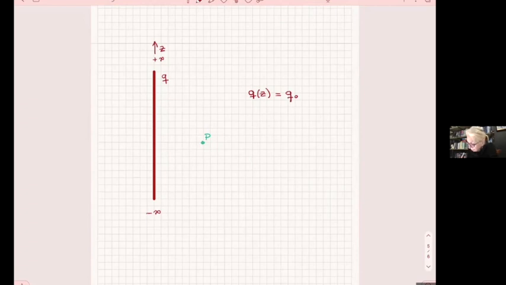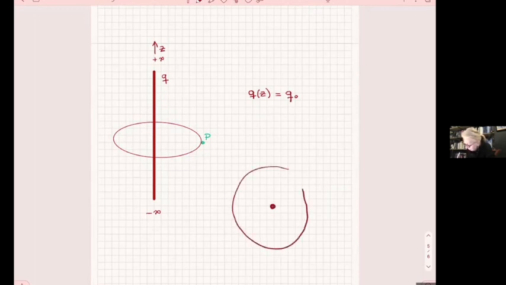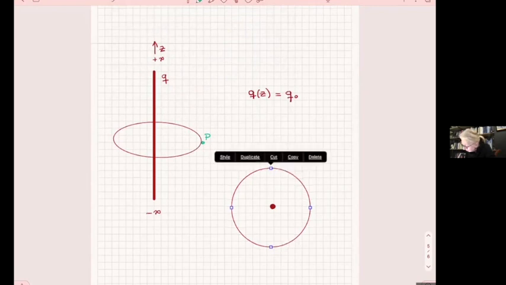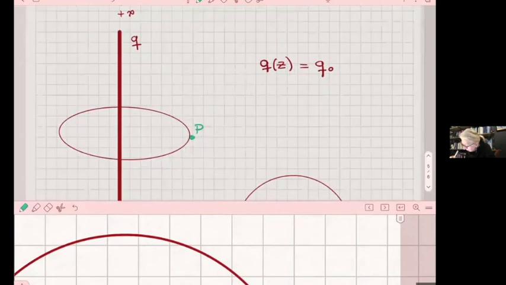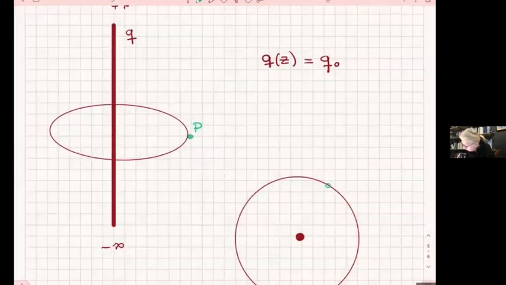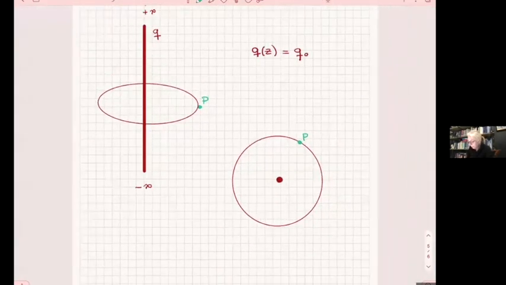Now, if I take a cross section of this, what am I going to see? I'm going to see the center, and then I'm going to see this circle. And on this circle, I'm going to see the observer somewhere here, say. Do you agree with me? That's the cross section.